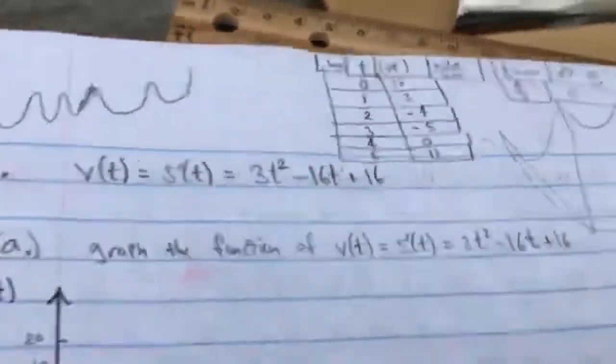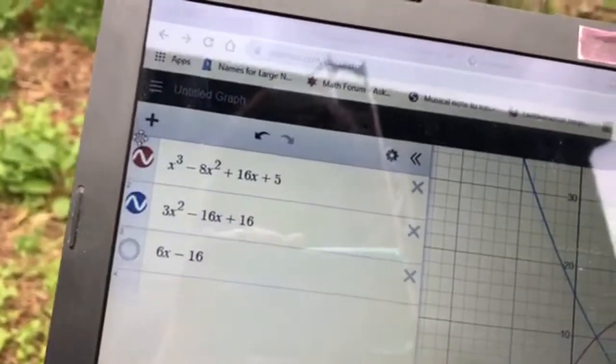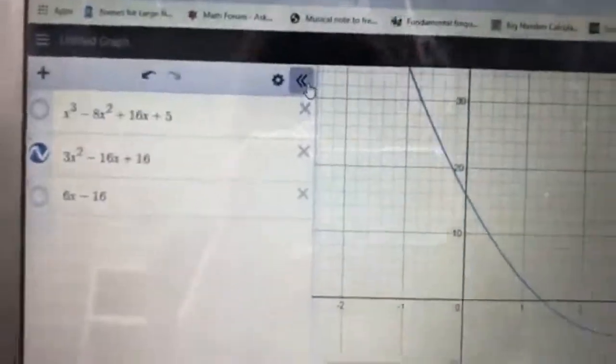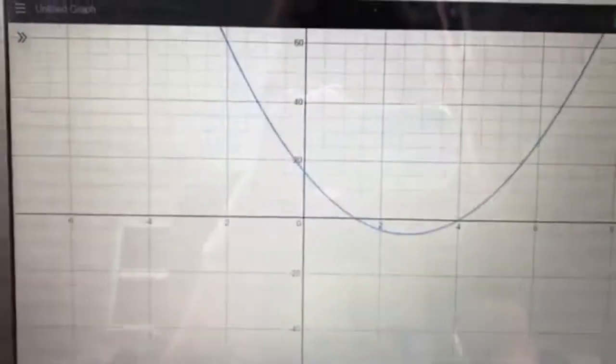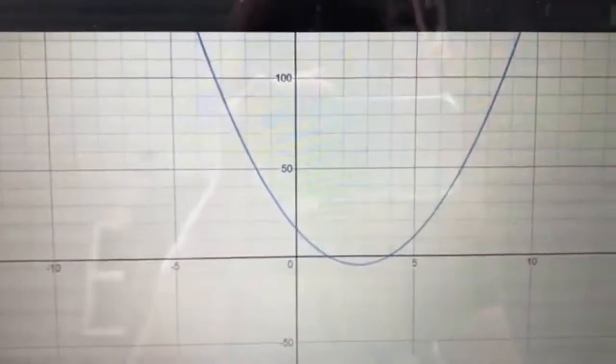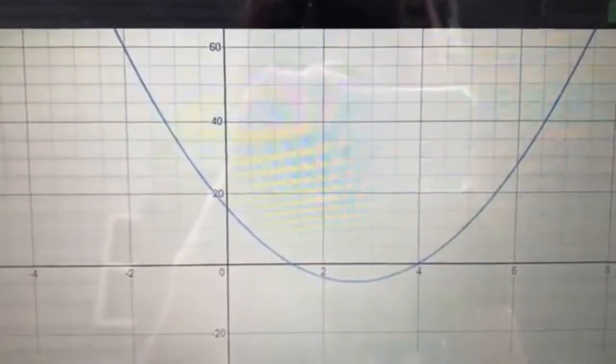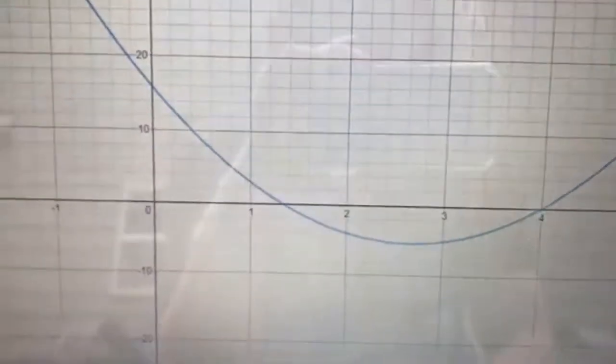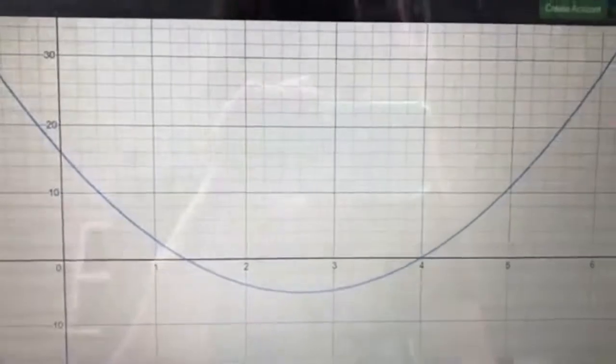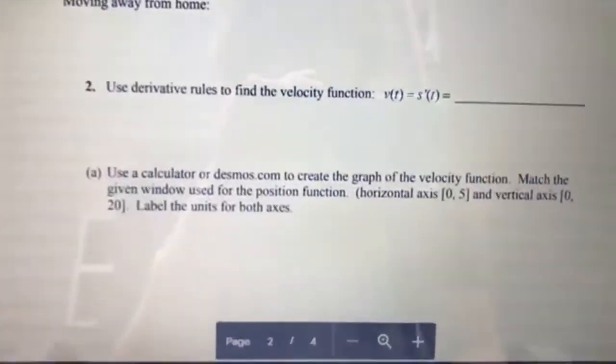Those are our points. If we look at Desmos, you can see our graph. Anyways, so graph, we did that. It's good.